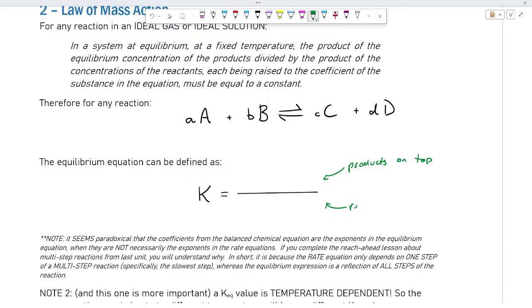And reactants on the bottom. You don't always even put one. I'm just putting a K. And we're going to do the concentration of C to the exponent c, the concentration of D to the exponent d, whatever it might be, the concentration of A to the exponent a, and the concentration of B to the exponent b, whatever it might be.